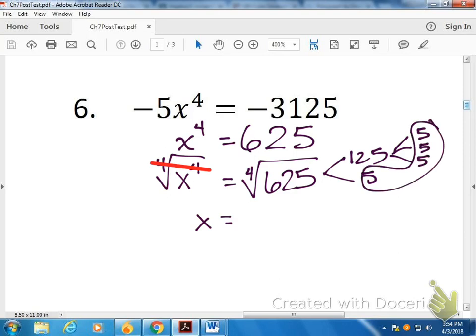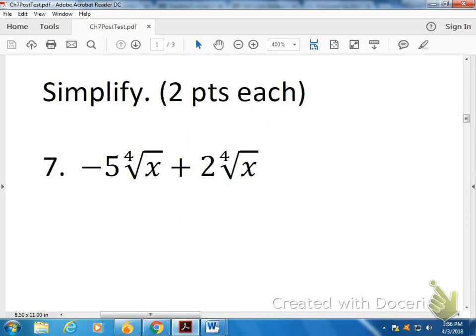So fourth root of 625 is actually a perfect integer of 5. Wait a second, we have an even root? So that means this is going to be a plus or minus 5. If I check my answer, positive 5 to the fourth power is 625 times negative 5 gets us this. Negative 5 to the fourth power also gets us a positive 625, which times negative 5 also gets us to this. Plus or minus works.